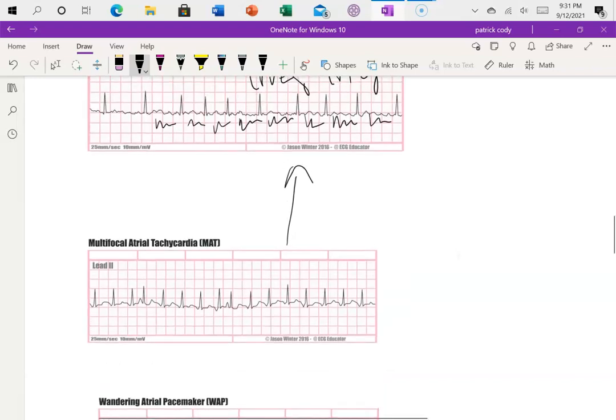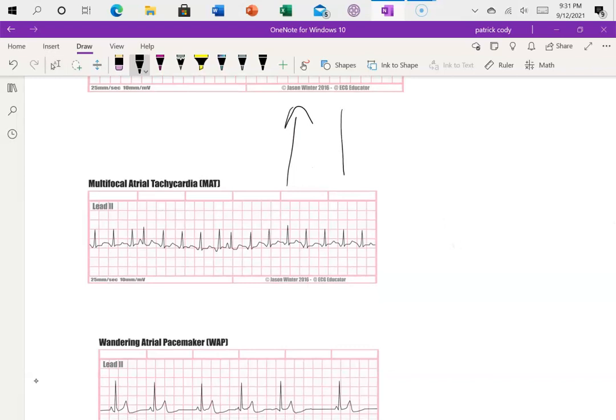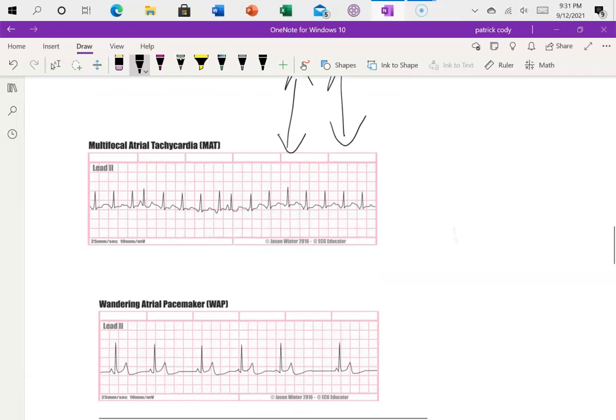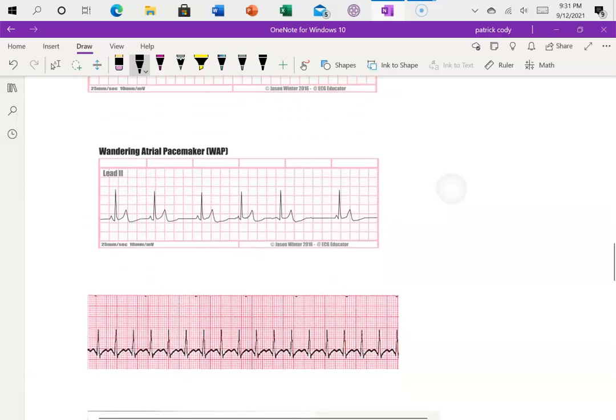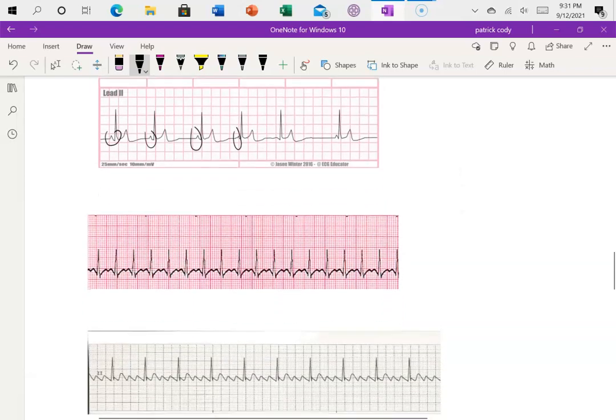But again, I don't think anybody would fault you for confusing these two and essentially treating them the same. Wandering atrial pacemaker, again, just like these other things we saw, P wave morphology is a little bit different here. We notice some irregularity in this rhythm as well, but the thing that really sets it off for us is the fact that the P waves have slightly different morphology as we work our way through there.